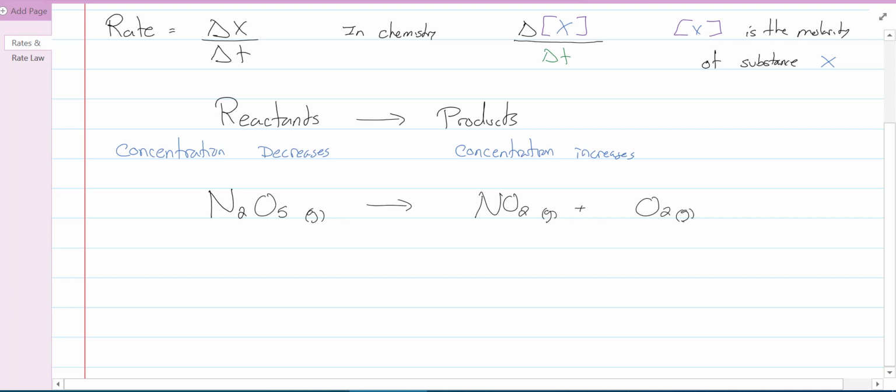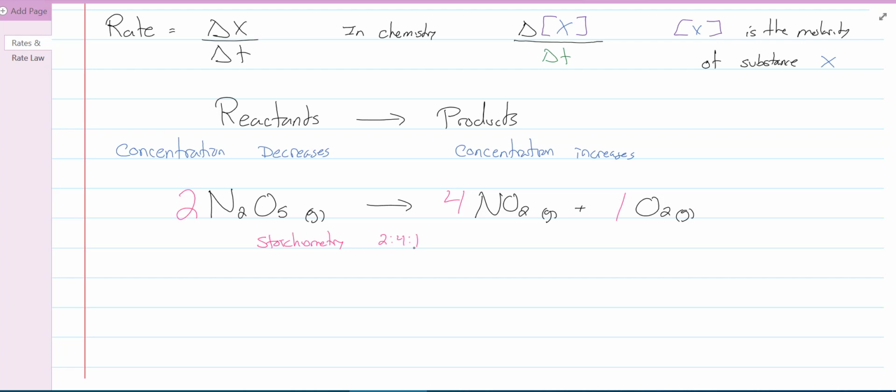So you've got this going on. Now, we know the coefficients of this reaction are 2, 4, and 1. So the stoichiometry is 2 to 4 to 1. That's very important for this reaction.